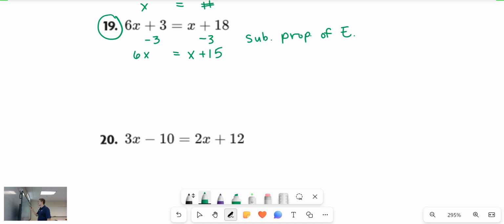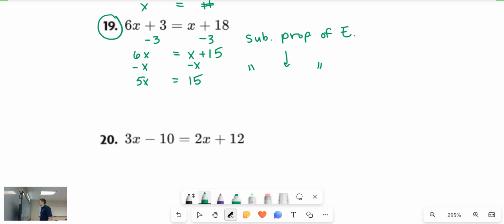All right, so here we are. Now let's move the x to the other side. So now we have to subtract the x from the right side and from the left side. So we're going to end up with 5x equals, we took away the x here, so there are no x's left. So it's just 15. 5x equals 15. This is also the subtraction property of equality.